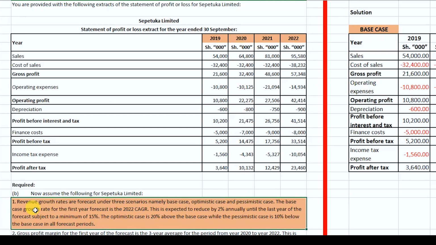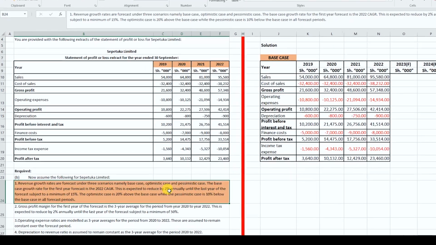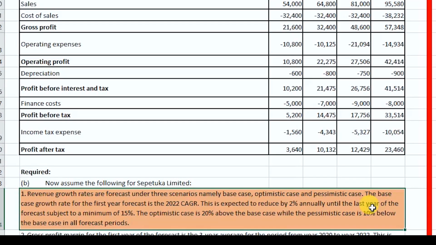The base case growth rate for the first year forecast is the 2022 CAGR. We have already worked out the 2022 CAGR in this tab, part A above. This is expected to reduce by 2% annually until the last year of the forecast, subject to a minimum of 15%. The optimistic case is 20% above the base case, while the pessimistic case is 10% below the base case.